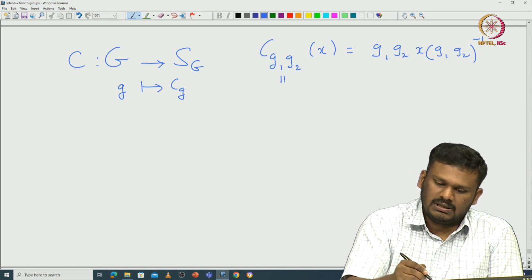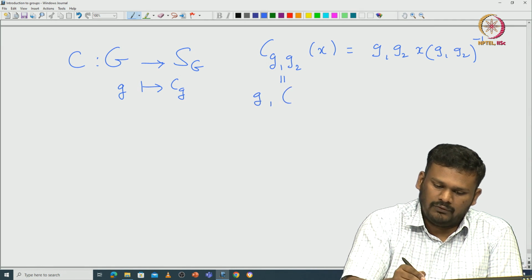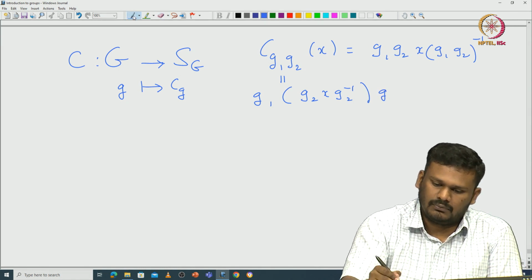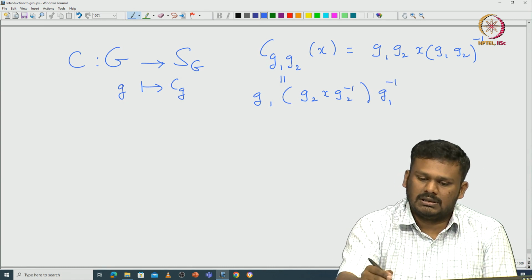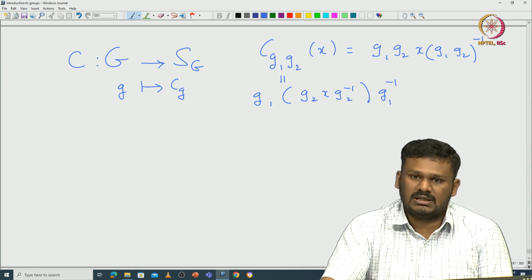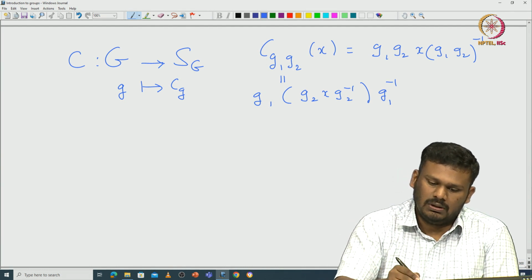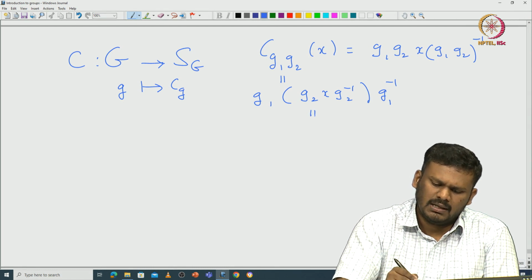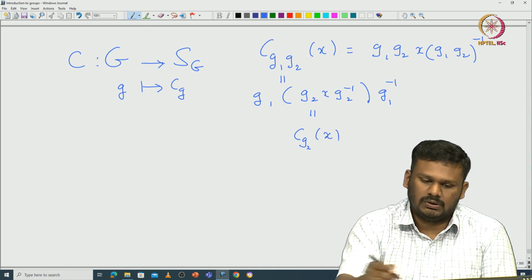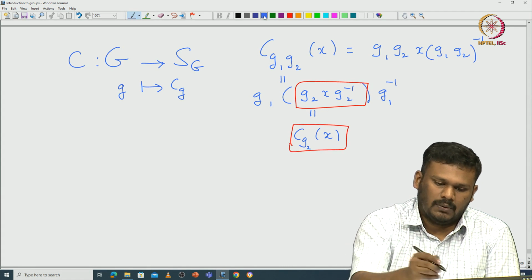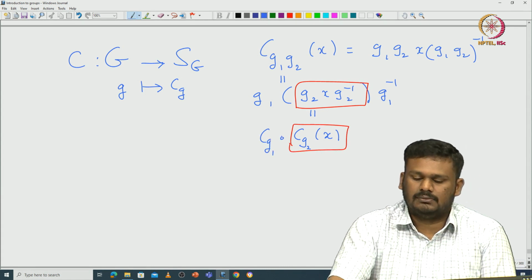If you work it out, this is exactly the same as g1 (g2 x g2 inverse) g1 inverse, because (g1 g2) inverse is g2 inverse g1 inverse. So, this is exactly equal to, first you apply Cg2 on x, that is the middle term, and then you apply Cg1 on this term.